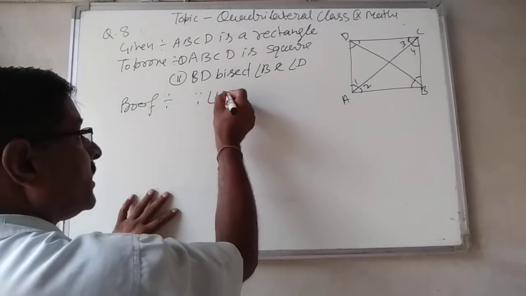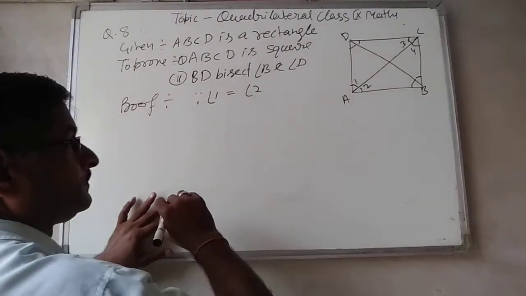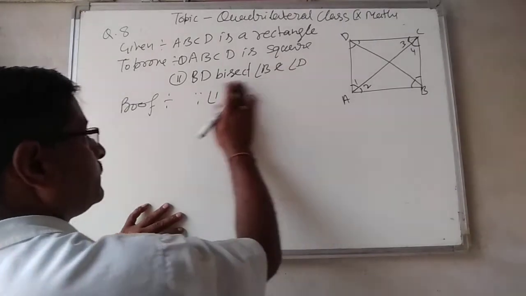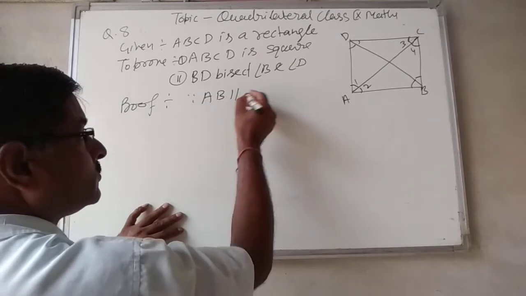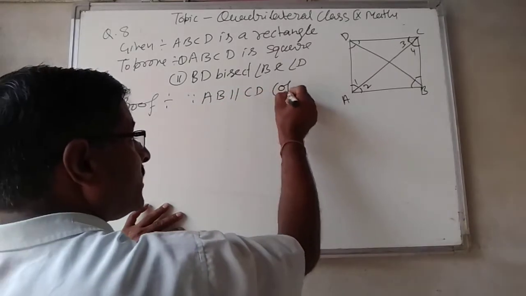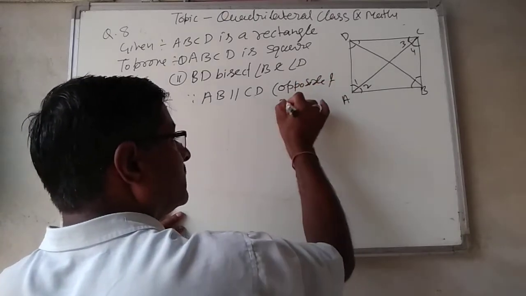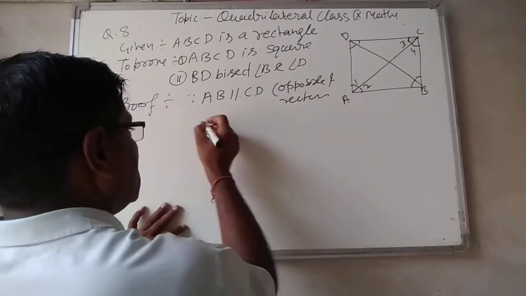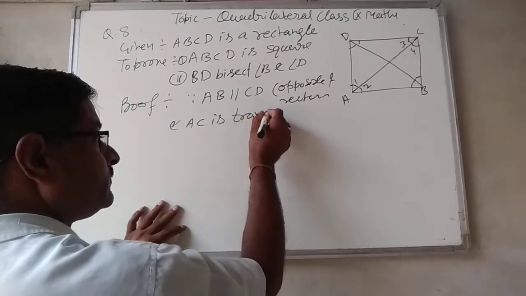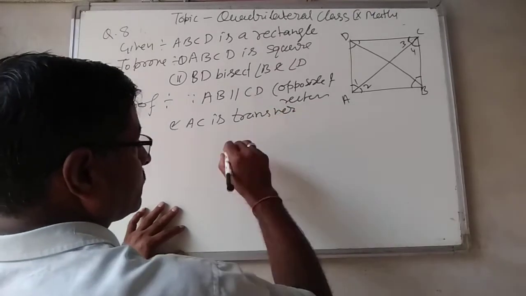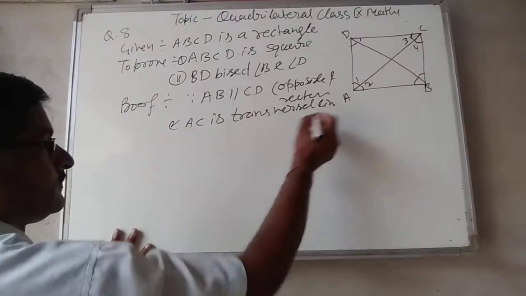Since angle 1 is equal to angle 2, since AB is parallel to CD, opposite sides of the rectangle, and AC is a transversal line.